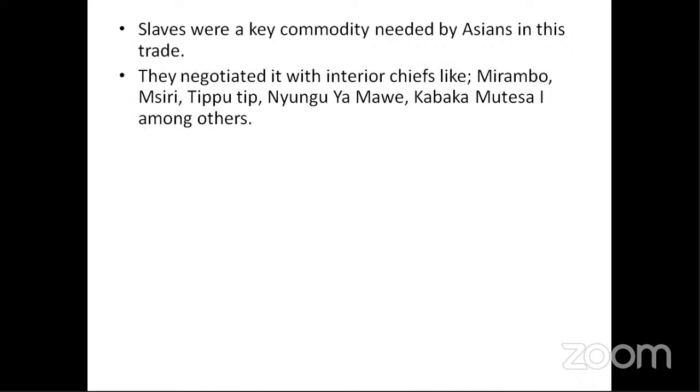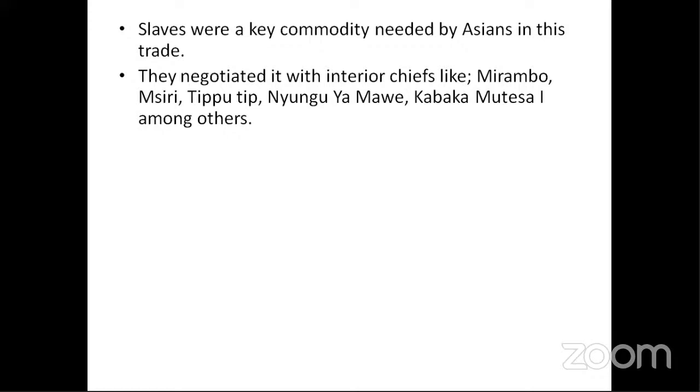We are saying they negotiated it with interior chiefs like Mirambo, Misili, Titipu, Nyungu ya Mawe, Kabaka Mutesa the First, among others. These were interior leaders, chiefs, and many of them have been left out because we can't look at all these interior chiefs.